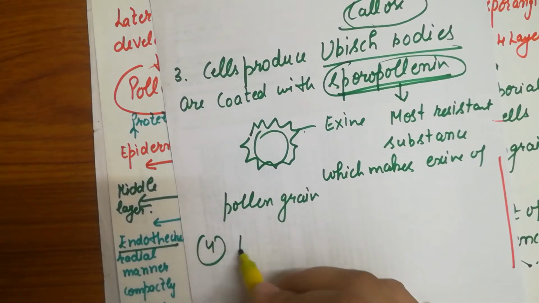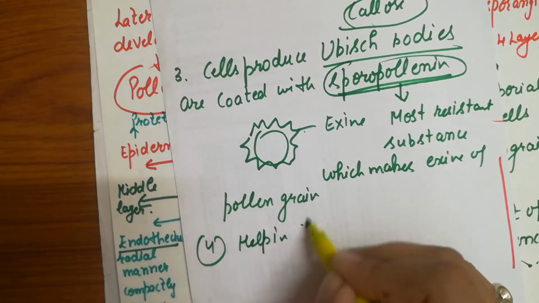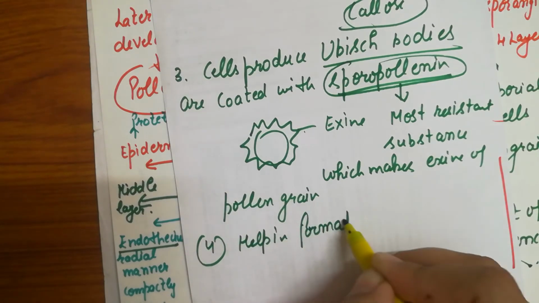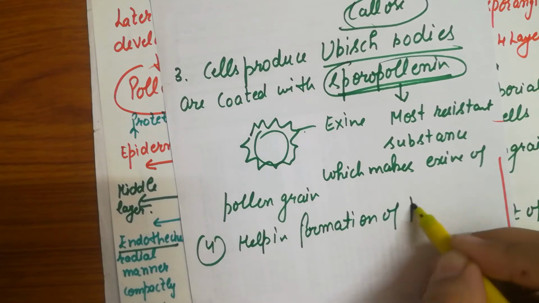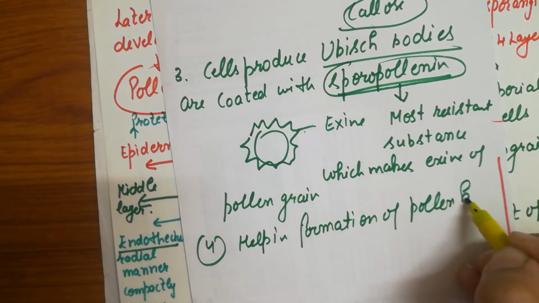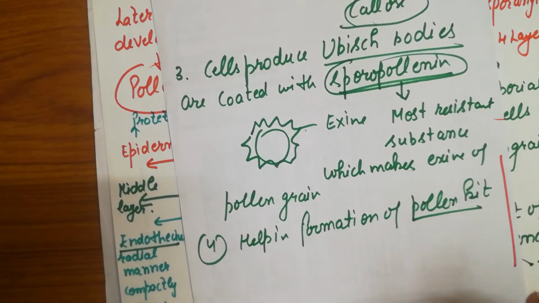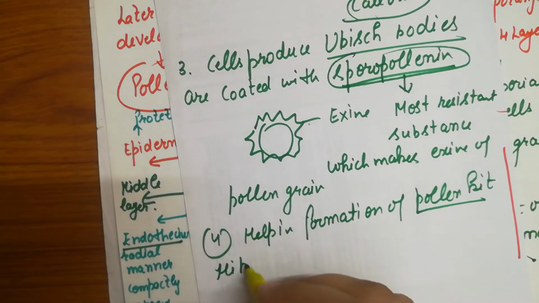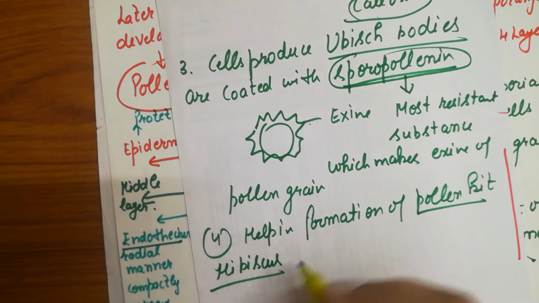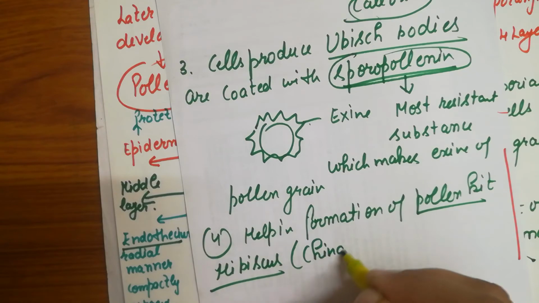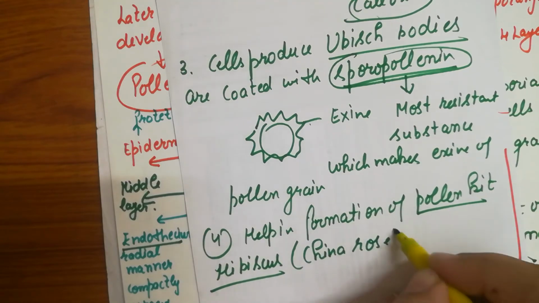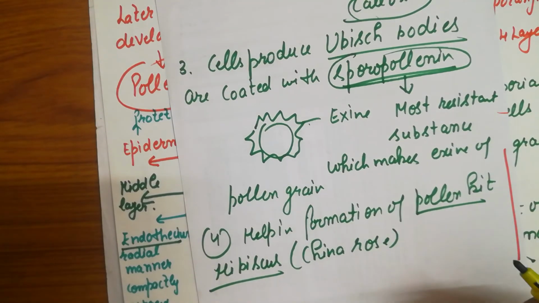The next function it performs is helping in the formation of pollen kit. Pollen kit cannot be seen in every flower, but it can be seen in a very common flower, China rose, that is hibiscus. What is pollen kit?